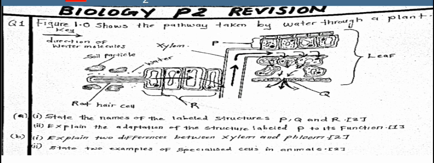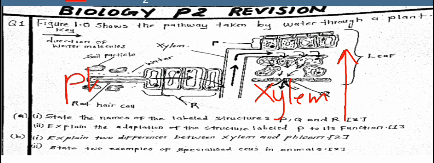The xylem transports water and mineral salts in one direction, meaning upward only. Then the phloem transports manufactured foods up and down, depending on where the storage organ is located. So that is the difference in terms of how they transport.